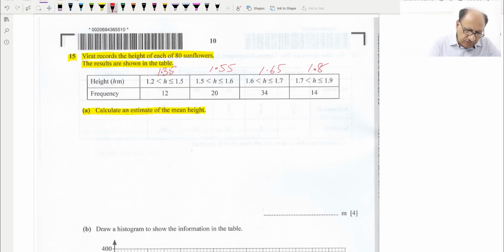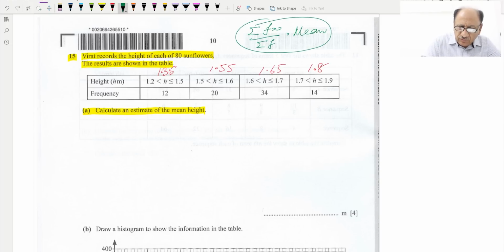Now for the mean, we know the formula for the mean is sigma fx over sigma f. This is what the mean formula will be applying, and now we can apply it.